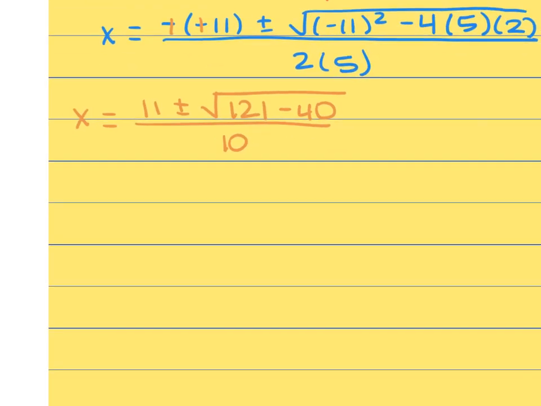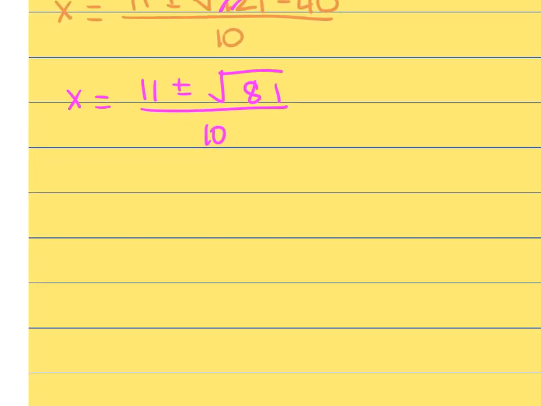If we simplify this further, we get x is equal to 11 plus or minus 1 minus 0 is 1. 2 minus 4 you can't do, so the 2 turns into a 12, making the 1 a 0. 12 minus 4 is 8. So it's the square root of 81 all over 10. From here, that square root of 81 is 9. So x is equal to 11 plus or minus this 9 over 10.